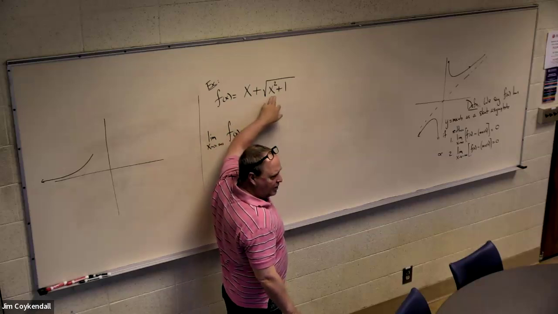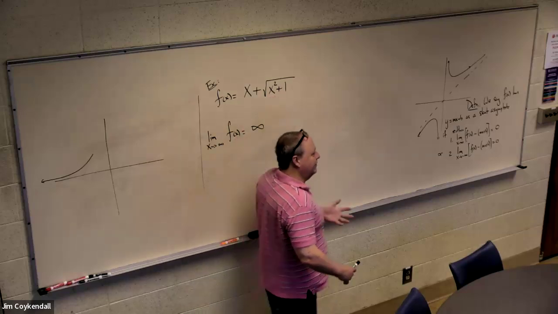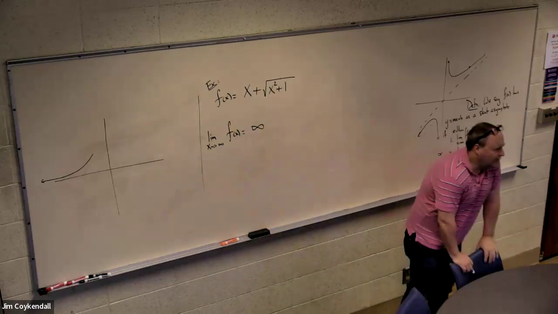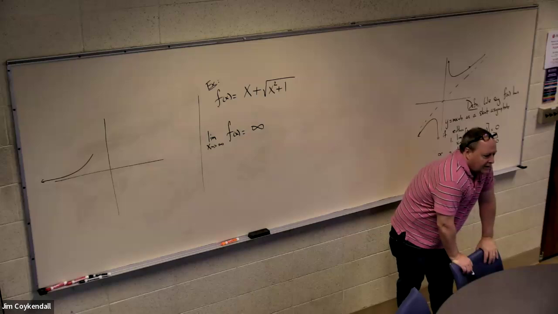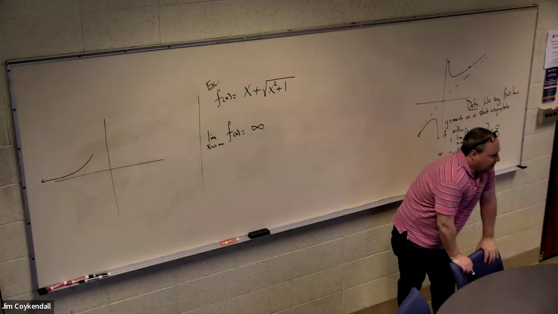The square root of x squared plus 1 is getting very close to a very, very large positive value of x. The square root of 101 is just a little bit bigger than 10, right? The square root of 10,000 is just a little bit bigger than 100.